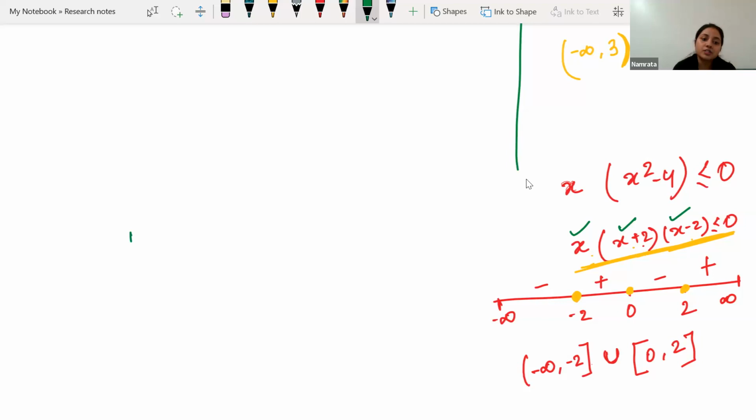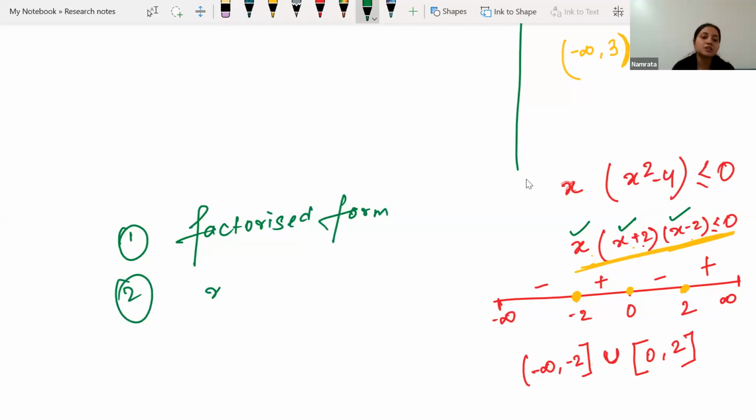That's why we have just gone ahead and repeated the same process. So first thing first, wavy curve method says write the factorized form. Always we must have the factorized form. The next step is that x must be positive, or the coefficient of x must be positive.